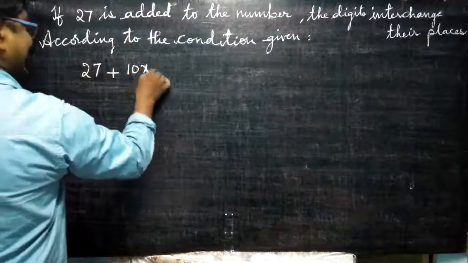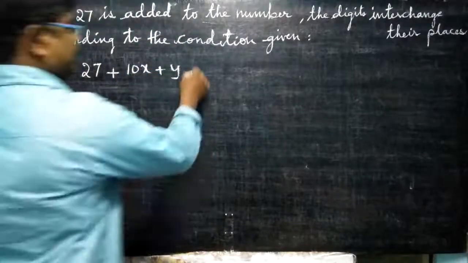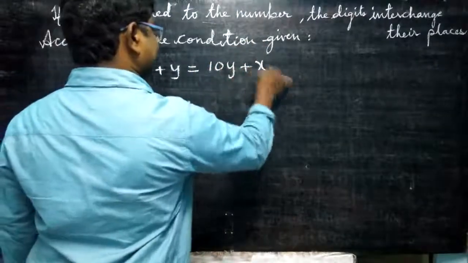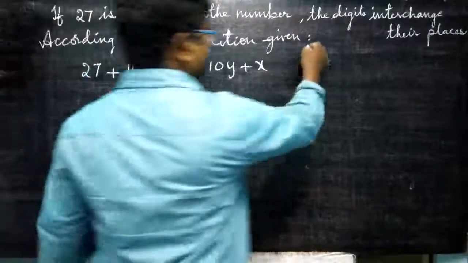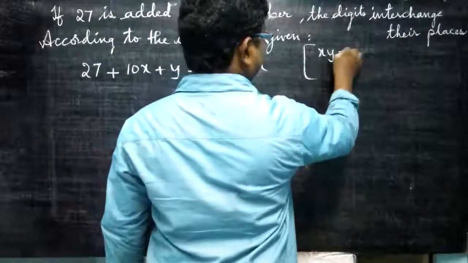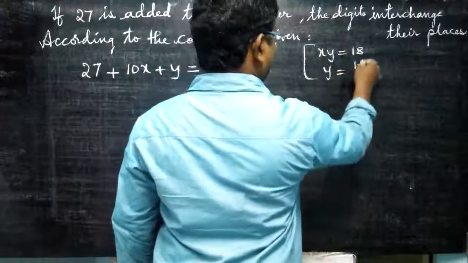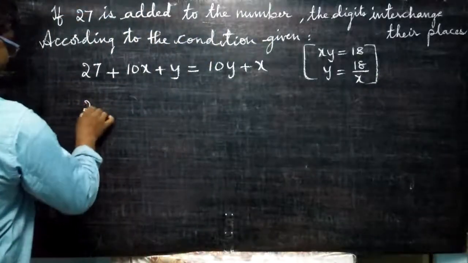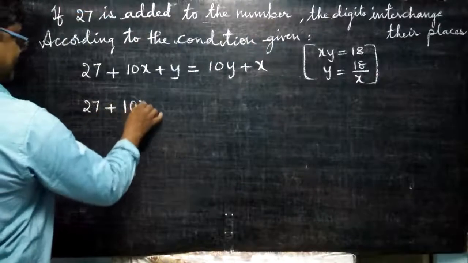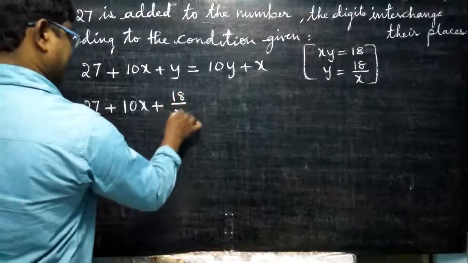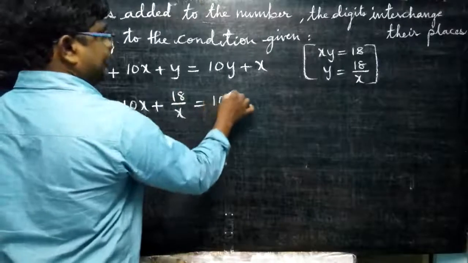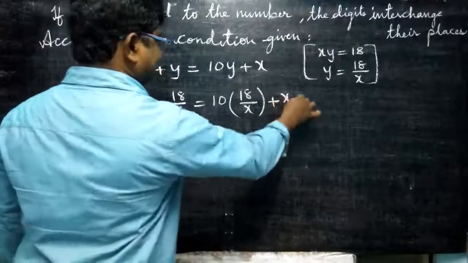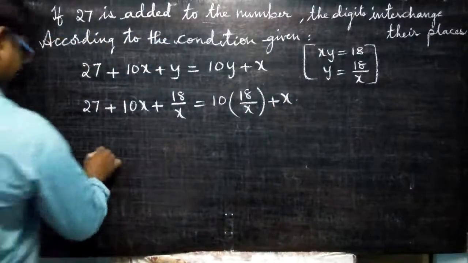What is the number? 10x plus y, the expanded form, is equal to the interchanged digits 10y plus x. And we know the product of these two digits is 18 and y is equal to 18 by x. Replace y now. So 27 plus 10x plus 18 by x is equal to 10 into 18 by x plus x. Now simplify. Here x is the LCM.